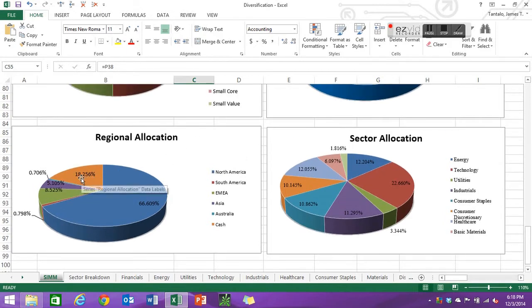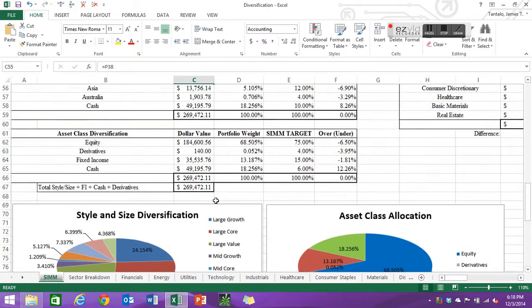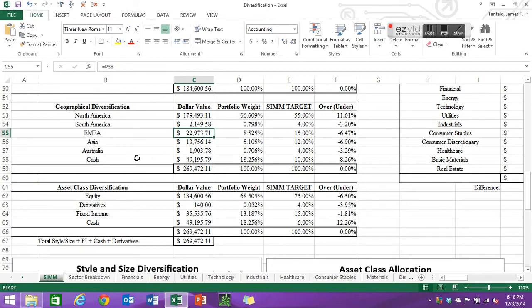That would be EMEA. Actually, I think that's cash. Yeah, you're right, that's cash. Europe, Middle East, and Africa is 8.525%. Asia after that, and then South America and Australia have a little under 1% of total revenues.